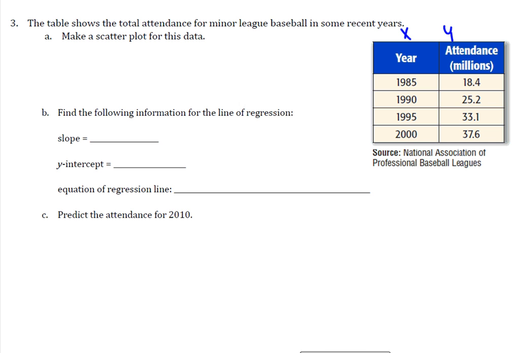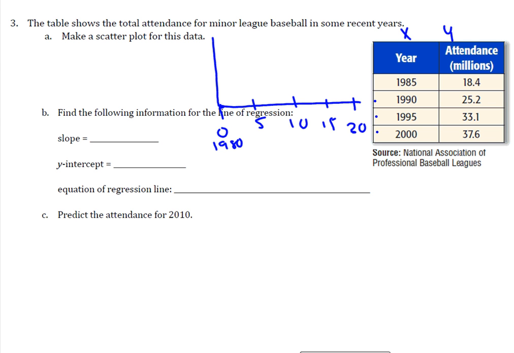So this will be your X, this will be your Y. So if we go years, we'll go 5, 10, 15, 20. So this will be 85, 90, 95, 2000. Okay, so I'm starting with year 0 as 1980.